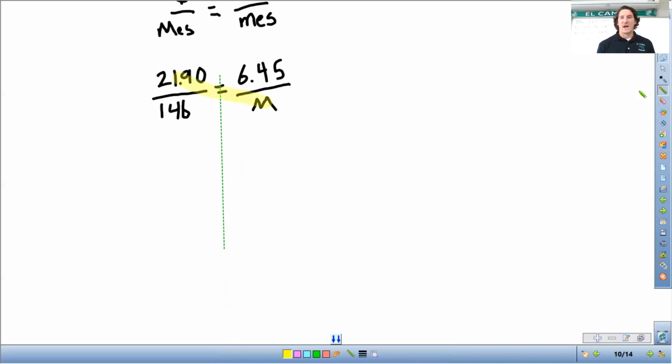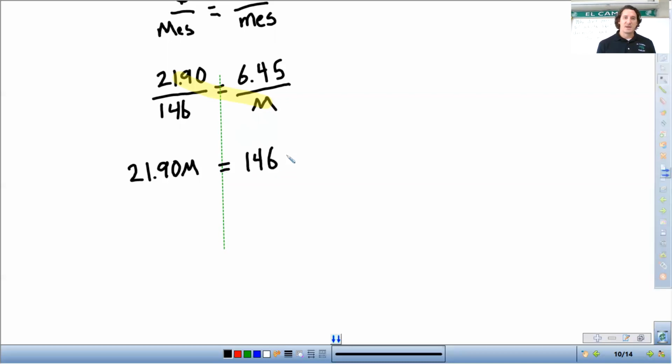So 21.90 times M is equal to 146 times 6.45. So 146 times 6.45 is 941.70.